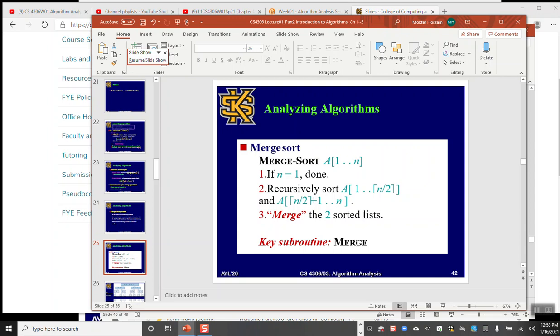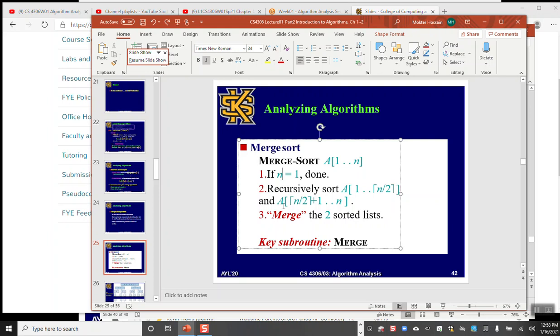This is in pseudocode format again. It starts with an array that has elements 1, 2, 3, 4, 5, 6, something like n elements. For instance, we can consider the elements 1, 2, 3, up to n, so it has n elements, right? Since it is pseudocode, the index starts with 1.